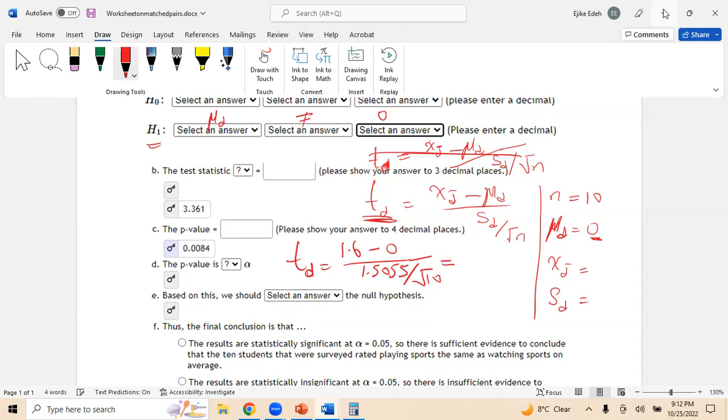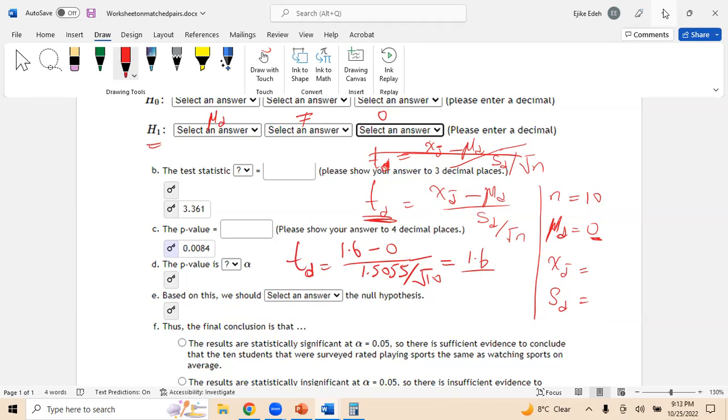If we compute that, the numerator, of course, will be 1.6. So you're going to divide that by the square root of 10 divided by 1.5055. So you work that out slowly with the calculator. Take the square root of 10 as well. I'm doing it here. Square root of 10, I have this value, 3.162277766.